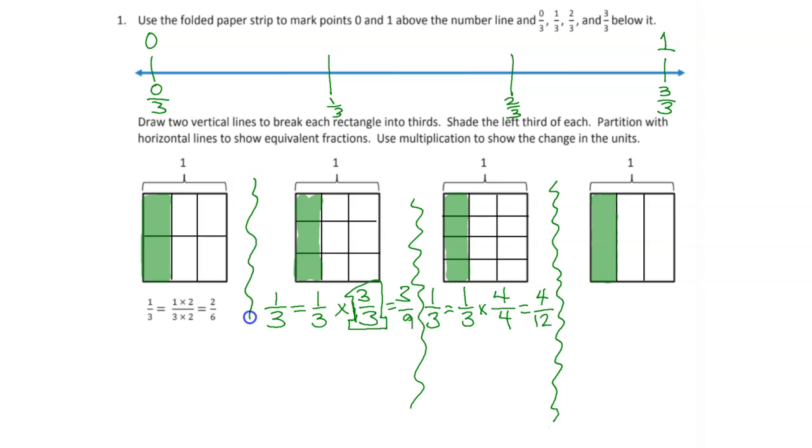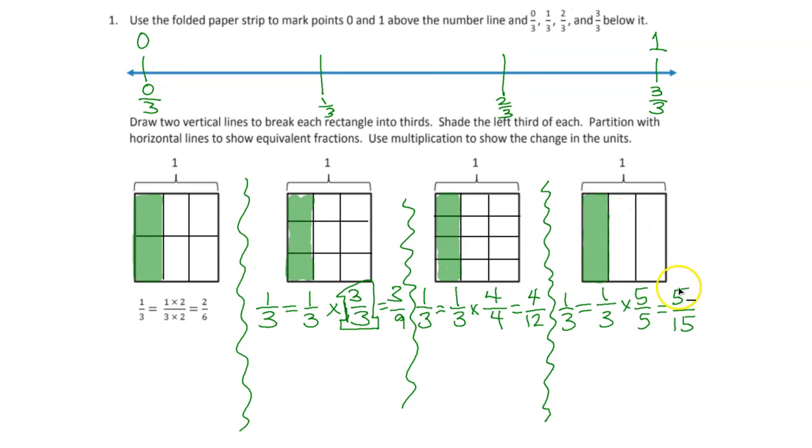Alright, let's take a look at this last one here. We have our 1/3. We know that this 1/3 is going to be equivalent to 1/3 times 5/5, and that's going to give us 5/15. So let's go ahead and put our horizontal partitions.